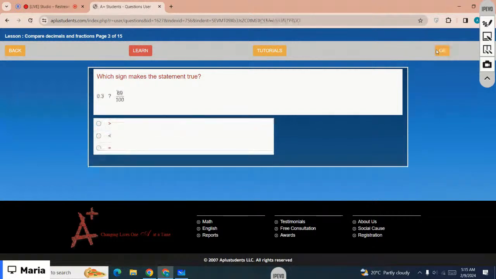Okay. Which sign makes the statement true? 0.3. You have to compare it to 89 over 100.